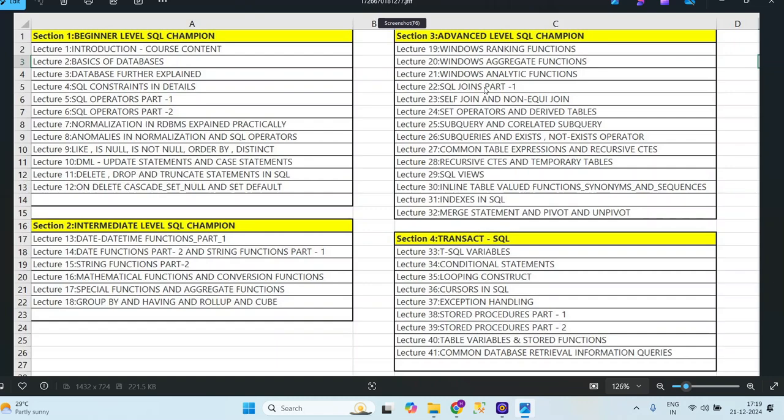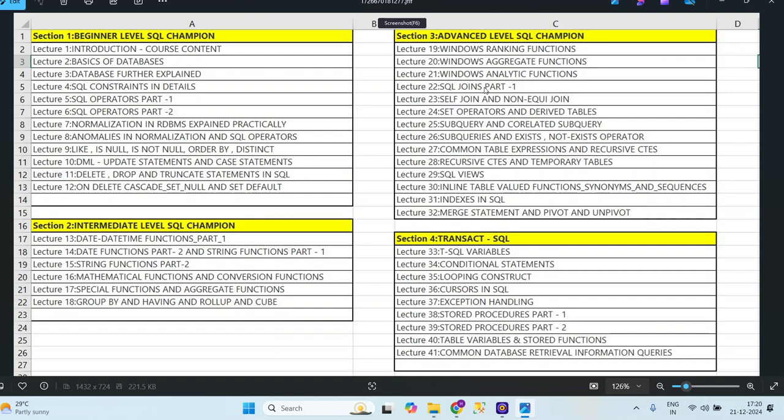Then subqueries and the EXISTS and NOT EXISTS operators, then common table expressions as well as recursive CTEs and multiple CTEs. Then temporary tables, SQL views, inline table valued functions, synonyms and sequences, indexes in SQL, as well as MERGE statements, and PIVOT and UNPIVOT also I have covered.